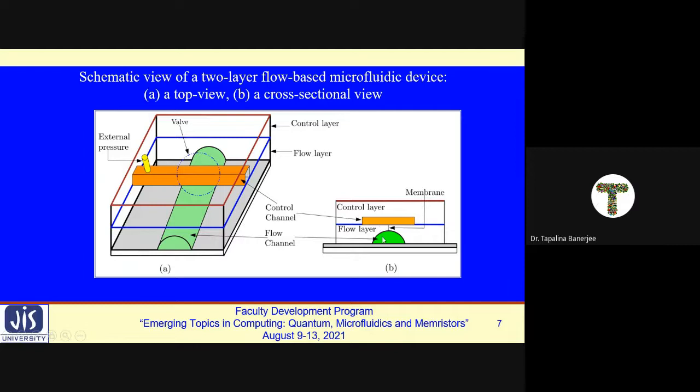Fluidic flow is blocked when the corresponding microvalve is deflected deep into the flow channels by an external pressure. This external pressure is obviously going to be held in the control layer. Based on these microvalve operations, many fluidic primitives can be implemented on chip. Fluidic primitives mean what? Such as rotary mixers, switches, multiplexer, pump, etc.